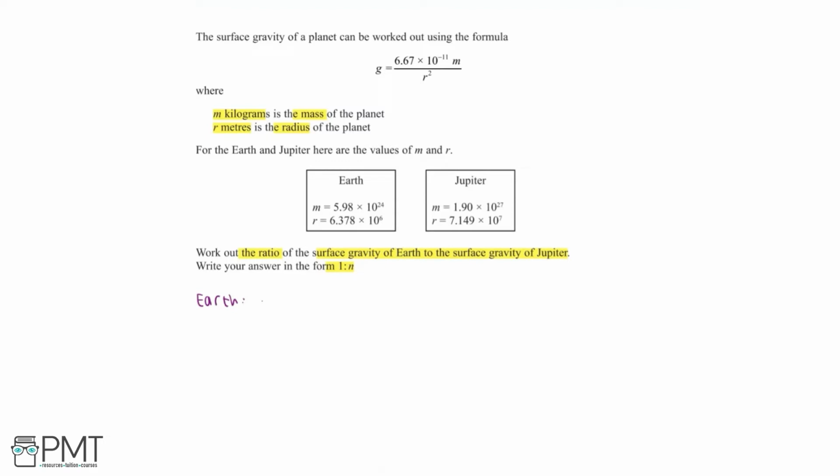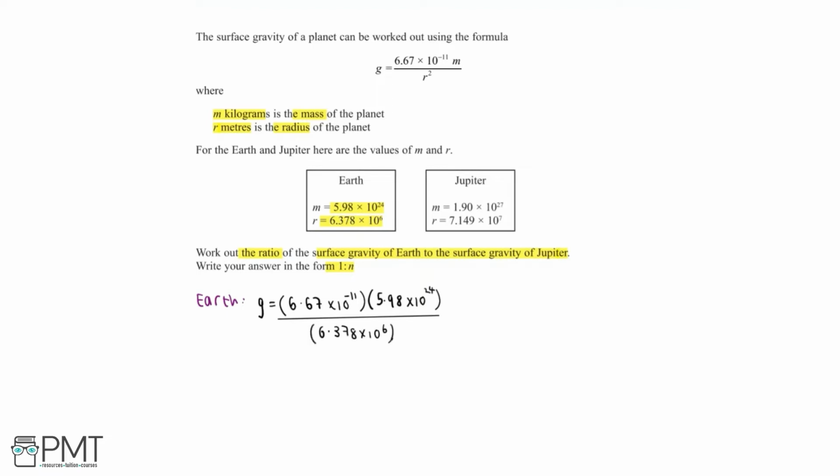So the surface gravity G is equal to 6.67 times 10 to the minus 11 multiplied by the mass, and we can see that the mass of Earth is 5.98 times 10 to the 24, all over the radius squared, and we know that the radius is 6.378 times 10 to the power of 6.